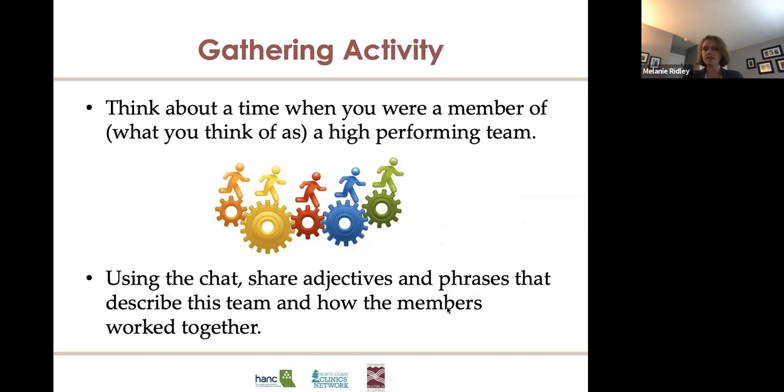Willingness to share ideas and listen, motivated, creative, supportive, great listening, and trust within the team. Absolutely. Clear goals driving the work of the team. Absolutely. Having a shared vision.